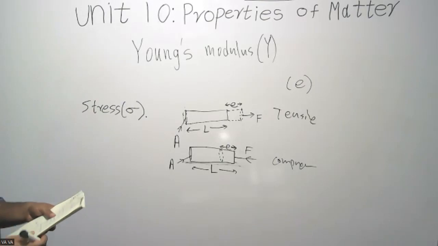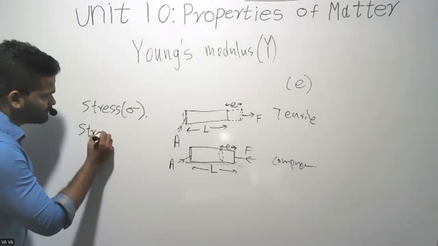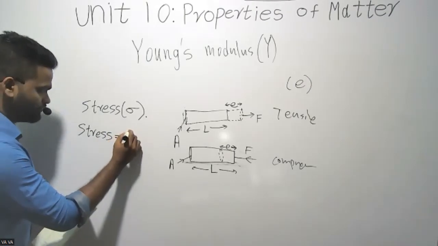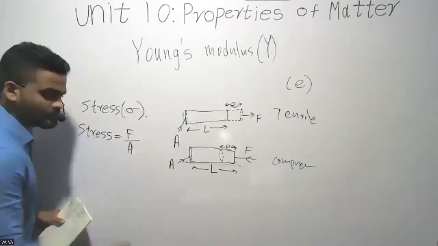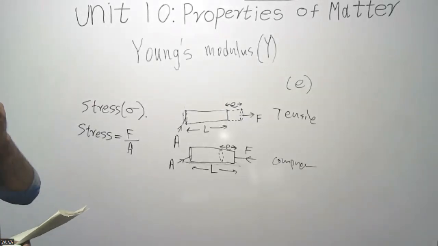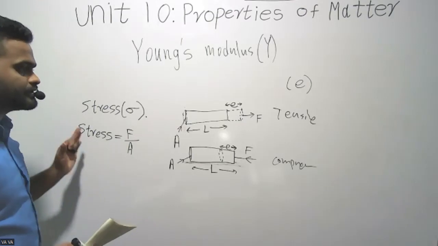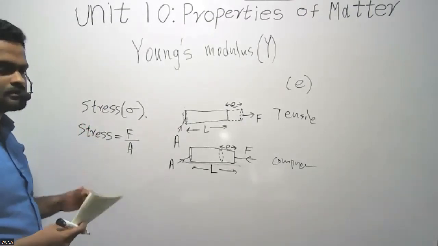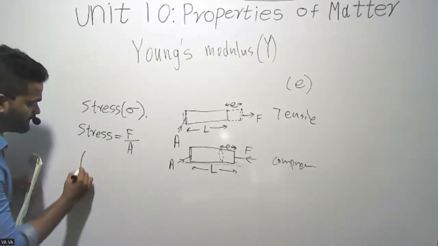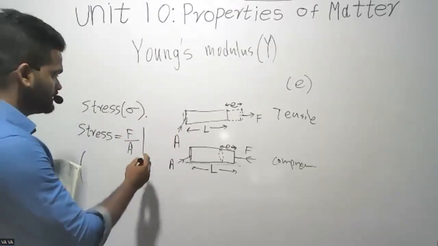Then below that, according to the definition, stress is force divided by area. In this unit, we call this stress, not pressure. Then in front of this, you can write dimensions.